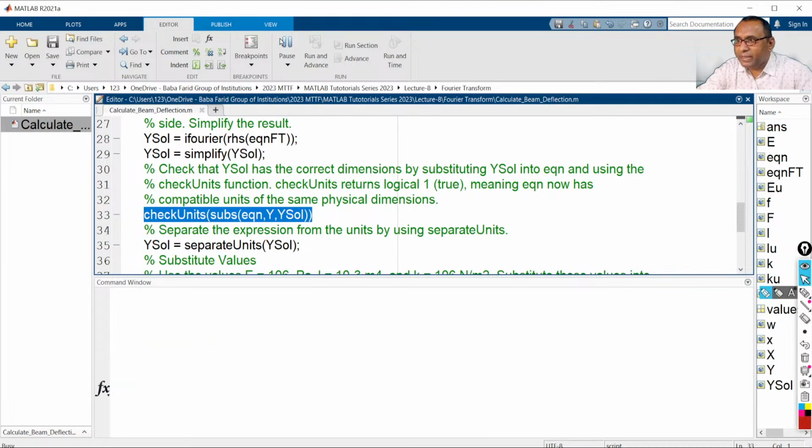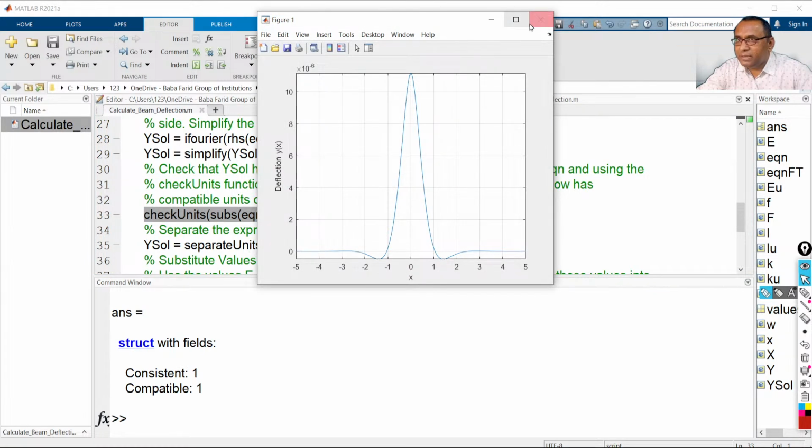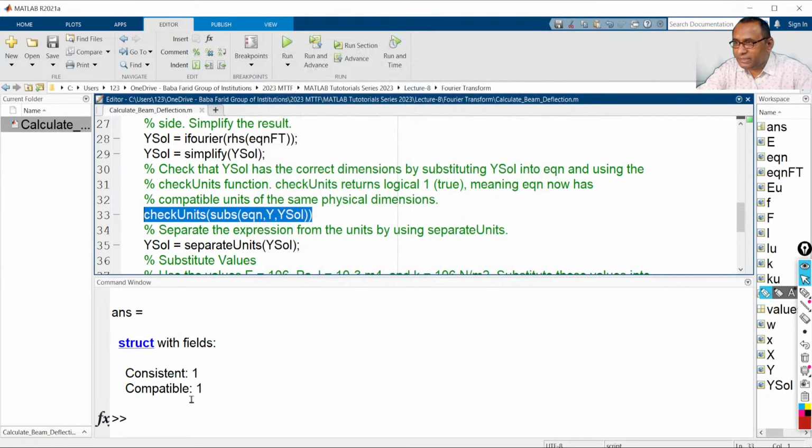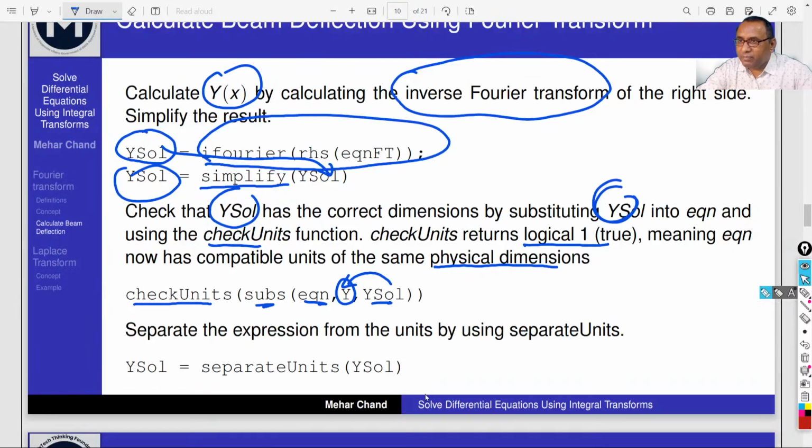Okay. See, you can see the answer: consistent 1 and compatible. Okay, so 1 means true. So the physical dimensions are compatible and we can have the solution.